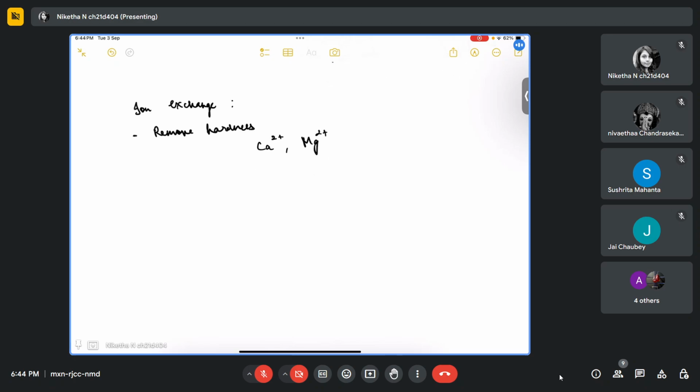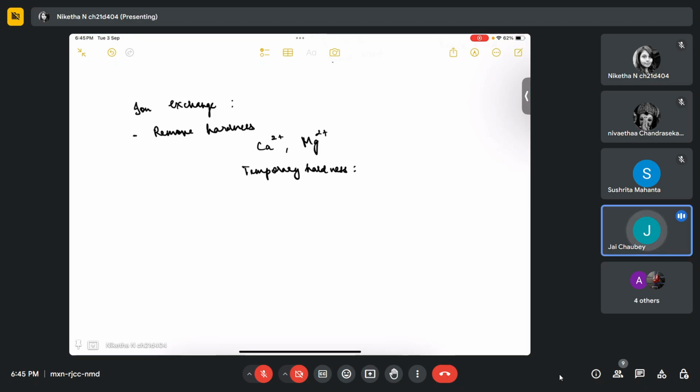Can you tell me what is temporary hardness? How to remove temporary hardness? Just boiling them.